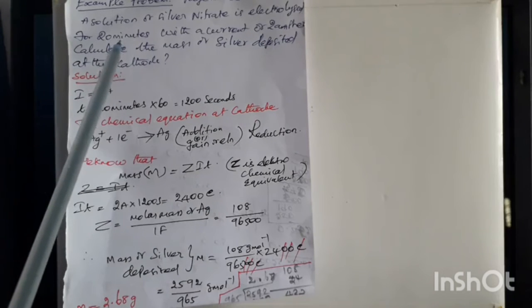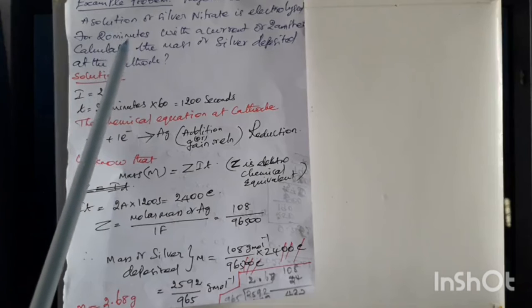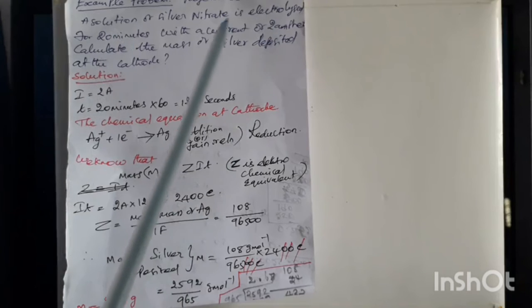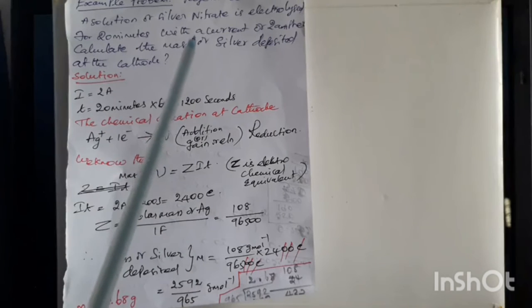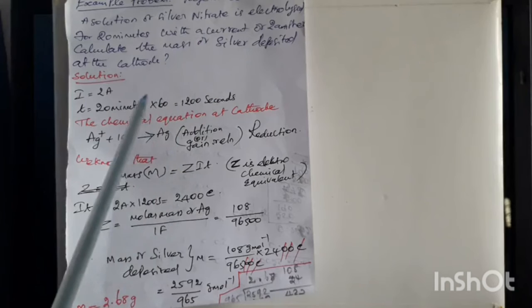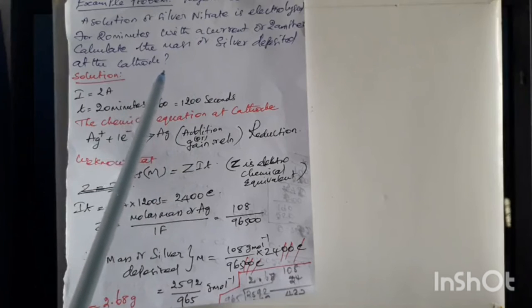In this problem, the time is given as 20 minutes and the current as 2 amperes. Silver is deposited at the cathode. What is the mass of the deposited silver?